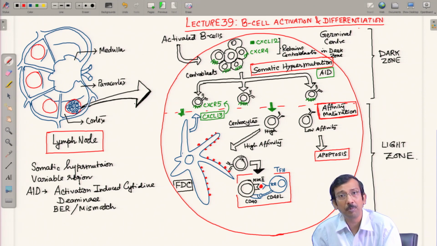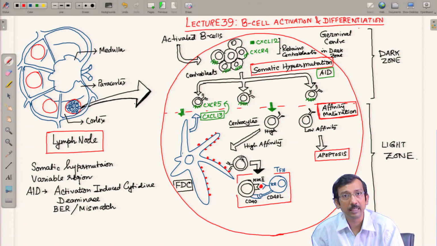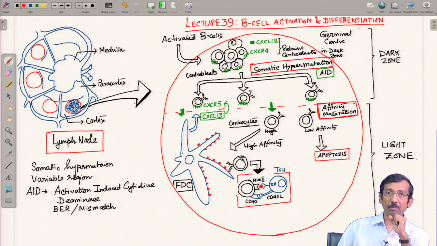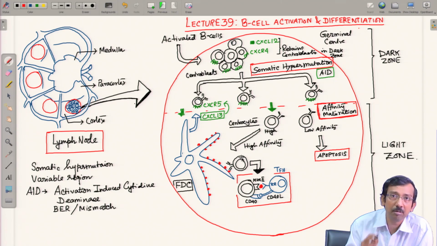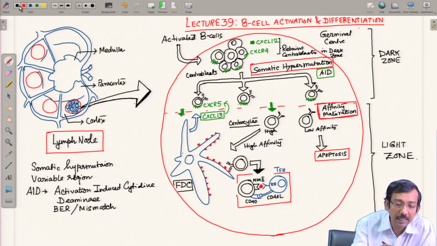So, the high affinity population will be selected by a process called affinity maturation with the help of the follicular dendritic cells and of course, the T follicular helper cells, the TFH cells, which are also present in this region. Now, the TFH cells, as we remember from the last lecture, one of the major components that is being secreted by these TFH cells is interleukin 21, remember the IL-21.